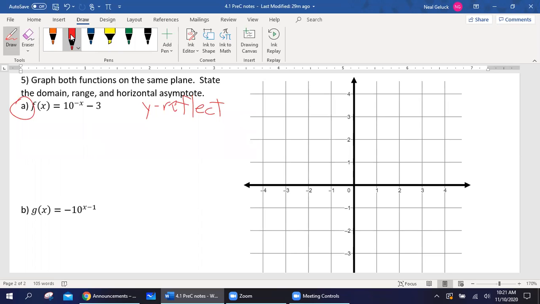But then the -3 is going to shift it down 3. So again, I had a point at 0, 1 that's going to go down 3. That means it's going to hit down here at -2, which means the asymptote, which was, again, on the x-axis, has now also shifted down 3. So that's going to be my asymptote for this graph. And again, that y reflection means it's going to go downhill.